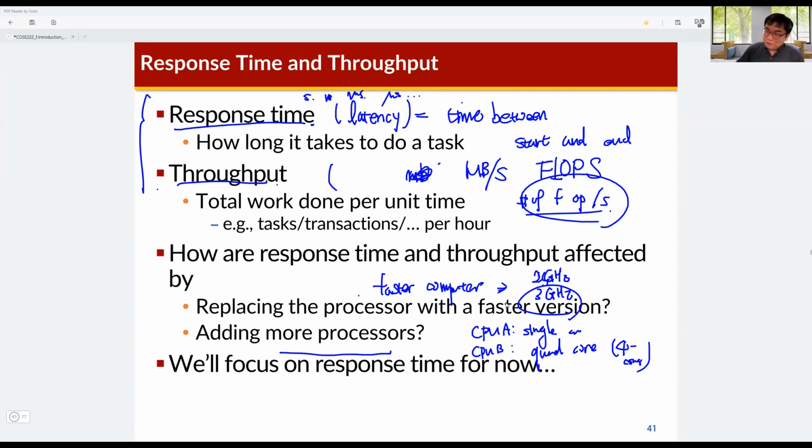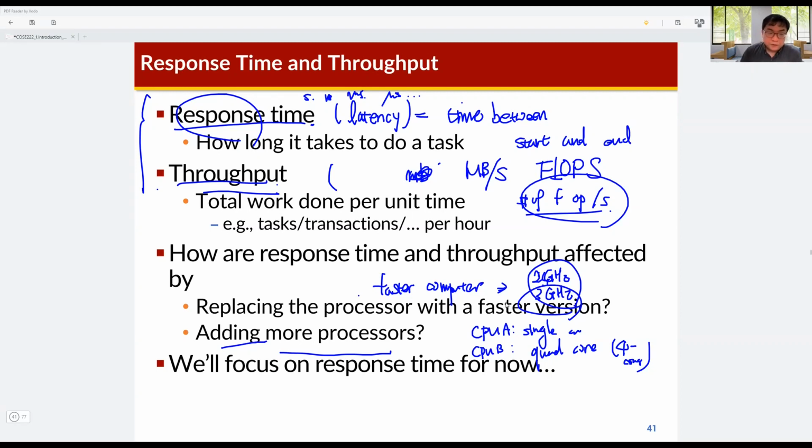The CPU which has multiple cores, like 4 cores, because with multiple cores, we expect that this computer will process more work in the same time, because there are more workers. So if we focus on the response time, we can increase the clock frequency, and if we focus on the throughput of the computer system, we add more processors or more cores.